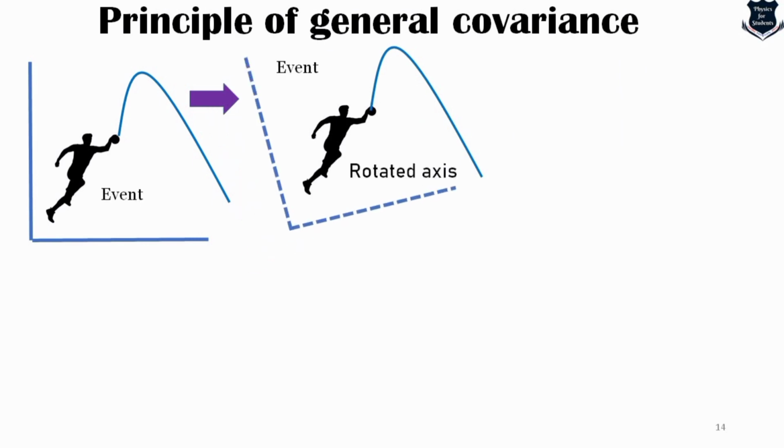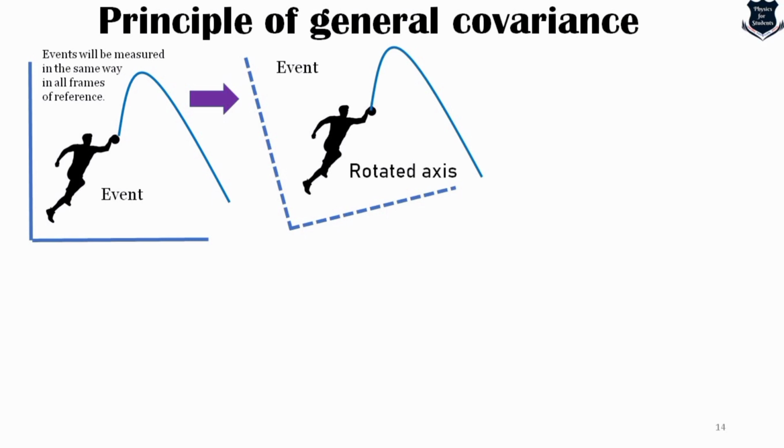But what happens is that this event and this event will be measured in the same way in all frames of reference. I'm not trying to show a projectile and calculate its projection. What I'm trying to show you is that if this person is in any kind of event, anything which is happening, and I rotate the axis or there is a change in the event, that person will still measure the same.